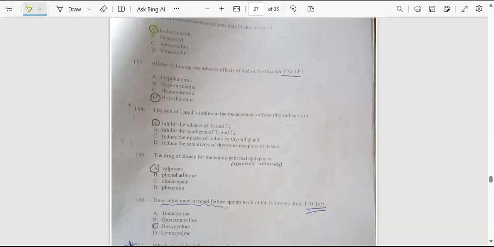All of the following are adverse effects of hydrochlorothiazide, except which one? So which one? Hyperkalemia. Hyperkalemia is a side effect of which diuretics?